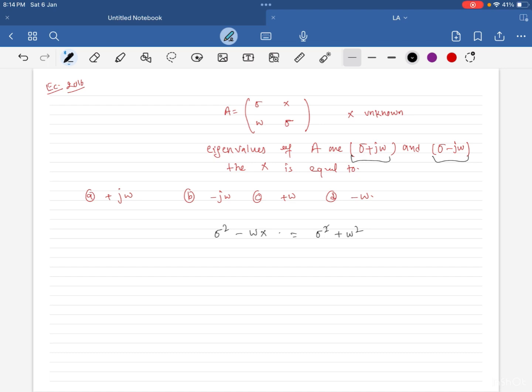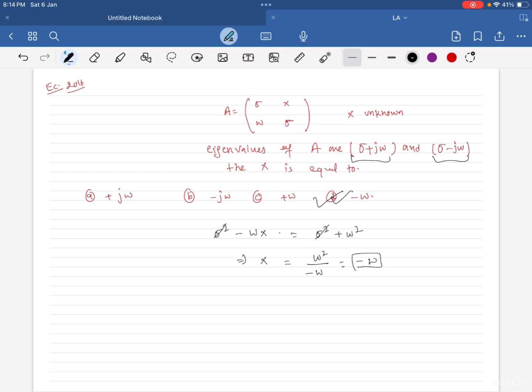And from here we can say that sigma square will get cancelled, and what we have to find is x. So x would be omega square divided by minus omega, that is minus omega. So x is minus omega, right? So the correct answer for this is D, right?